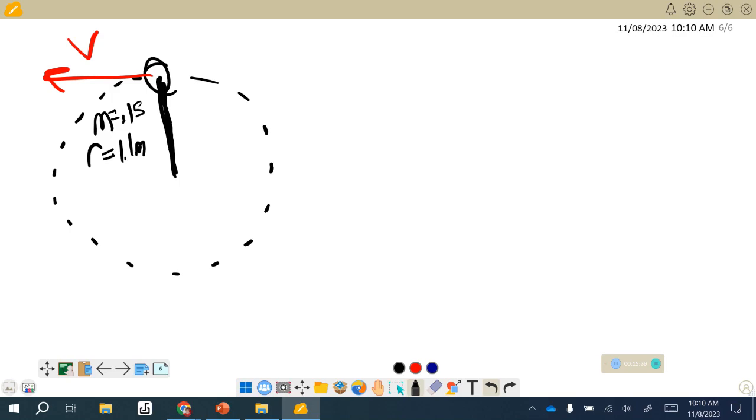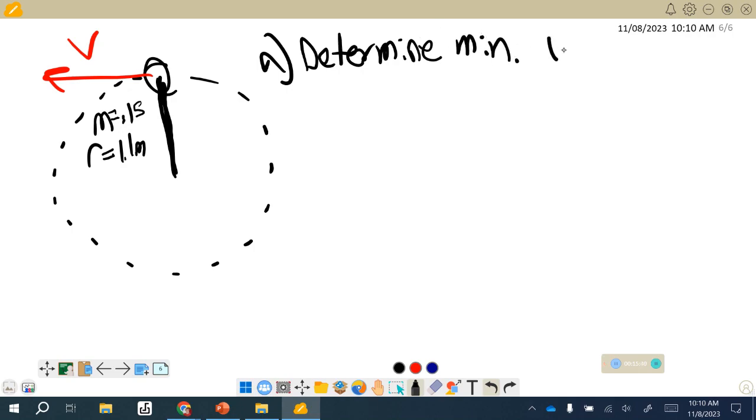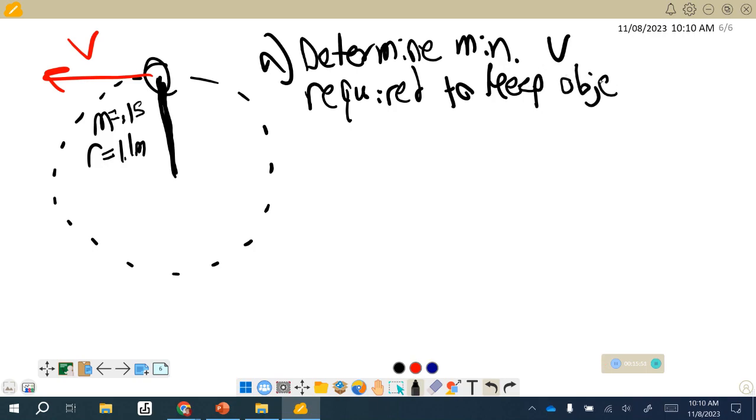Okay? So, for our first objective, we're going to determine the minimum velocity required to keep the object in a circle.